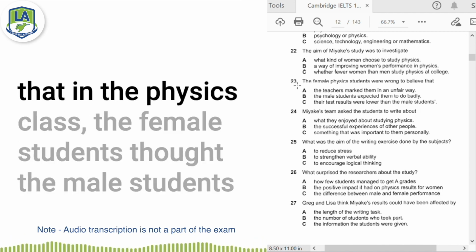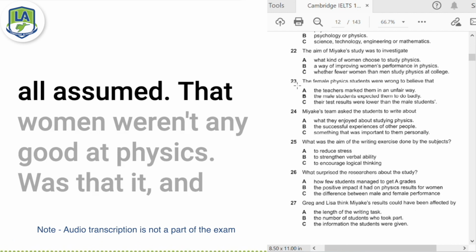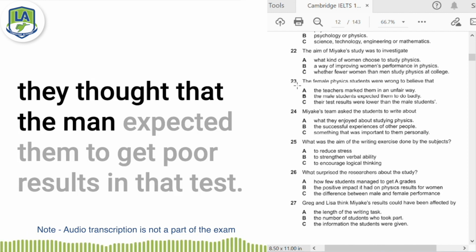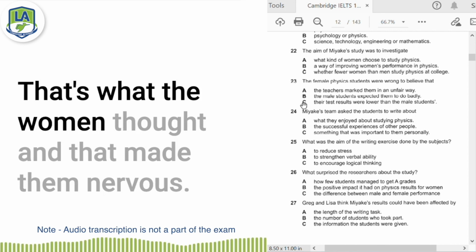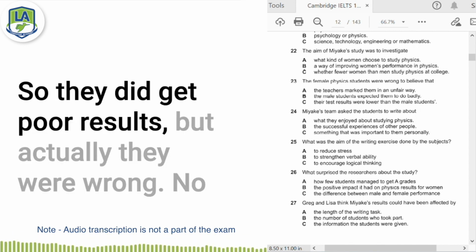It was that in the physics class, the female students thought the male students all assumed that women weren't any good at physics. Was that it? And they thought that the men expected them to get poor results in their tests. That's what the women thought, and that made them nervous, so they did get poor results. But actually, they were wrong.